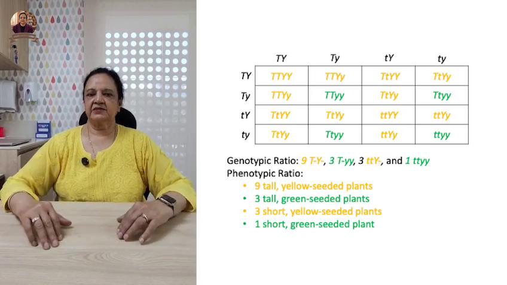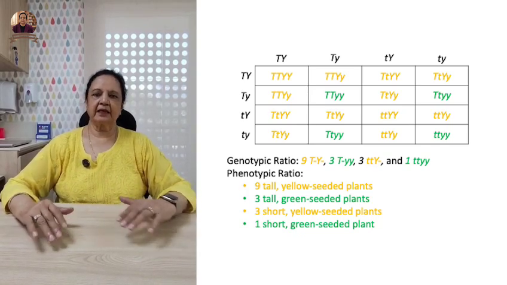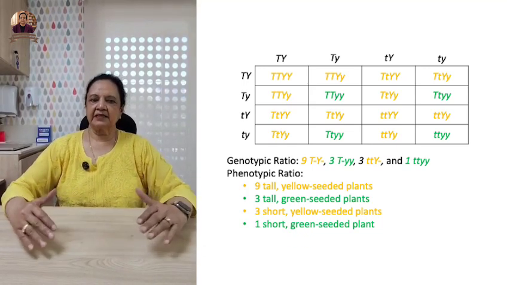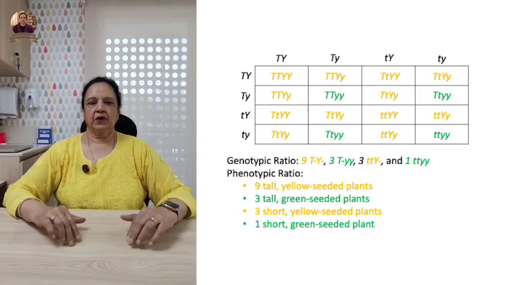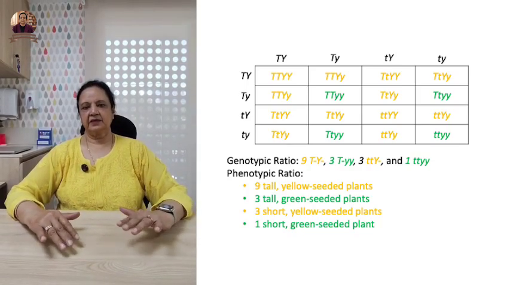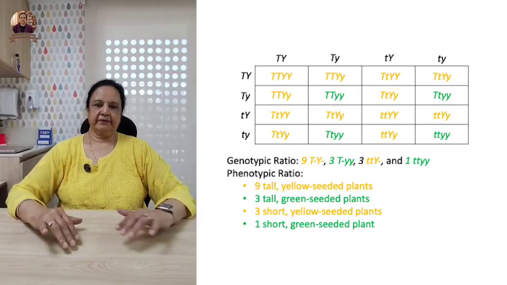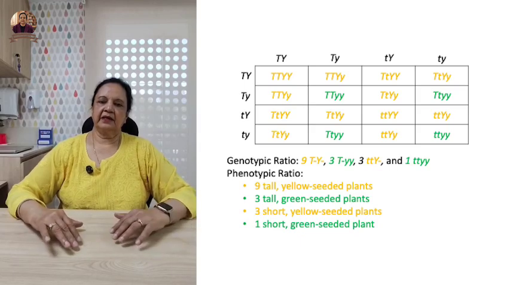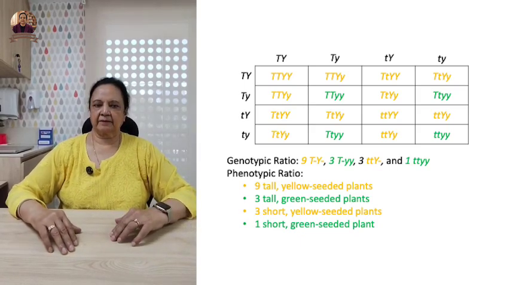I tell my students genetics is simply a game of probability, like tossing a coin. Imagine you have two coins. Coin A decides if the plant is tall, capital T, or short, small t. Coin B decides if the seed is yellow, capital Y, or green, small y.